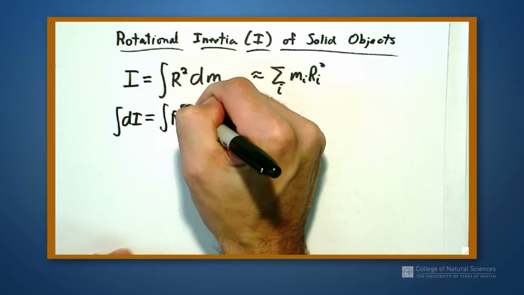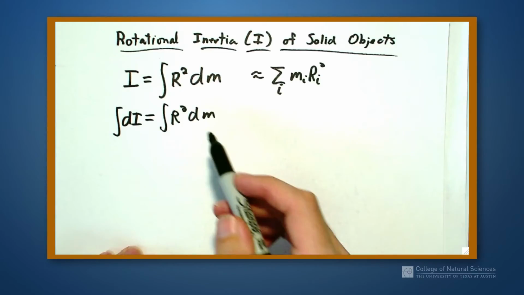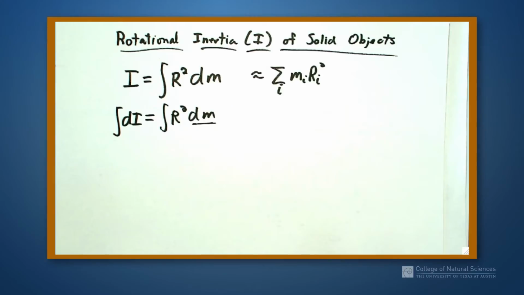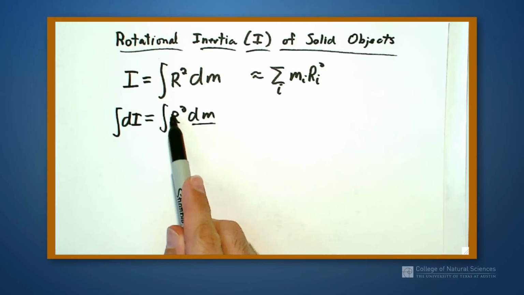Well, there's one problem with this. Conceptually, this is easy. The hard part is figuring out what dm is. We have a radius squared, so in order for us to complete this integral, we have to somehow relate how the mass changes if we're at different radiuses.